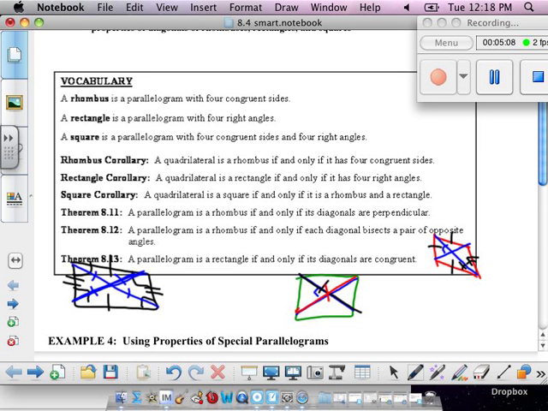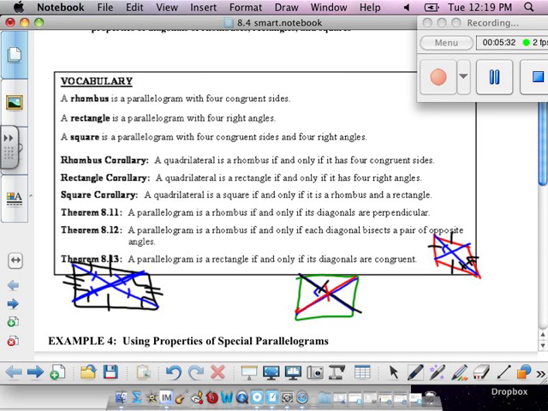What else we got? I have rectangle corollary, Larry. Ooh, I need more. What else is here? Ooh, 8.12 and 8.13. Let's see, what do I have left?